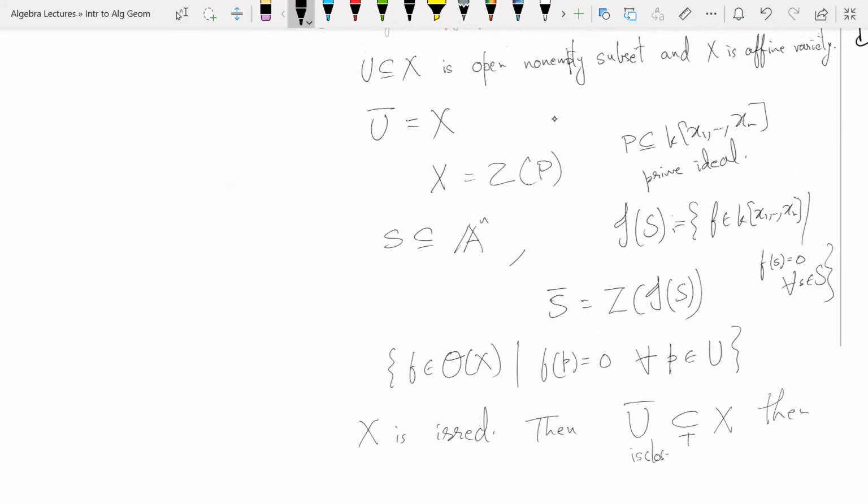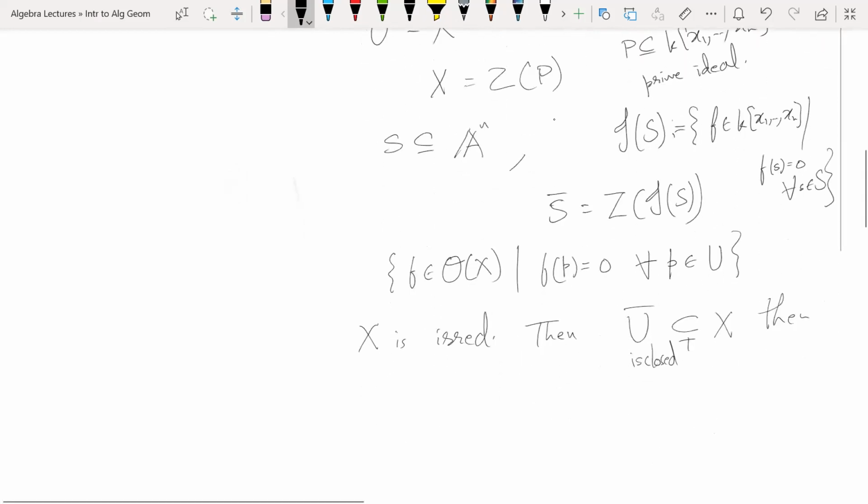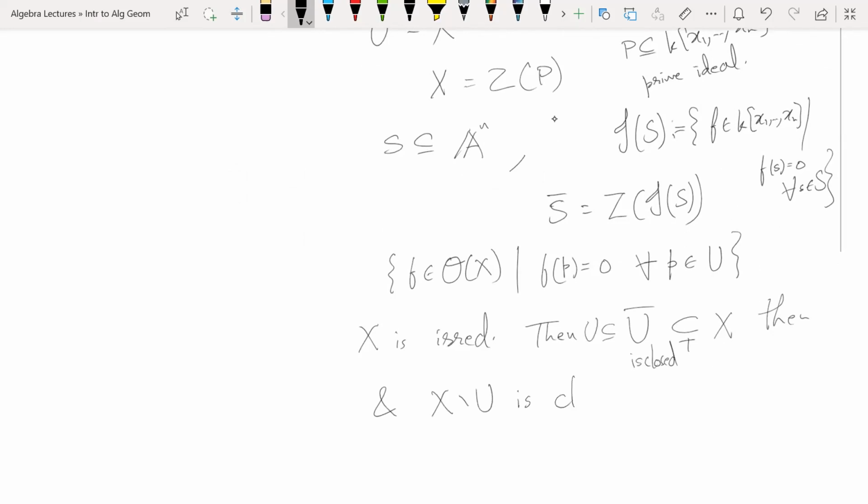Yeah, that's probably a better way. Otherwise, we would have to do some commutative algebra. And X minus U, which of course contains U closure, is closed, and this is also proper, closed and different from X.